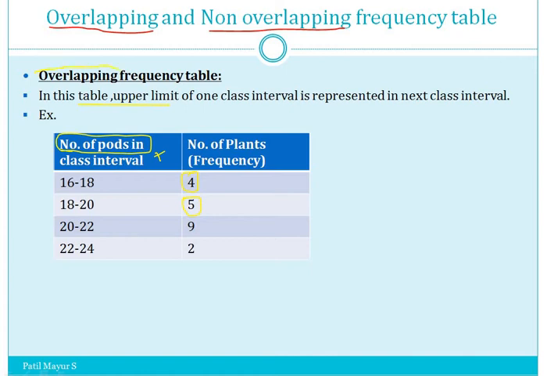First one is the overlapping type of frequency table. What is it?